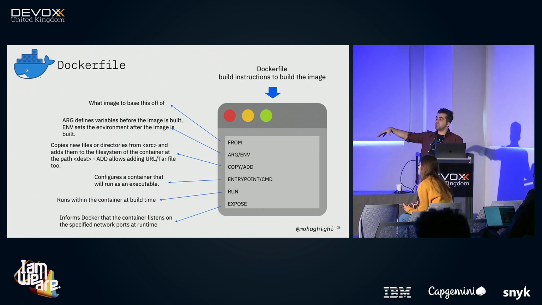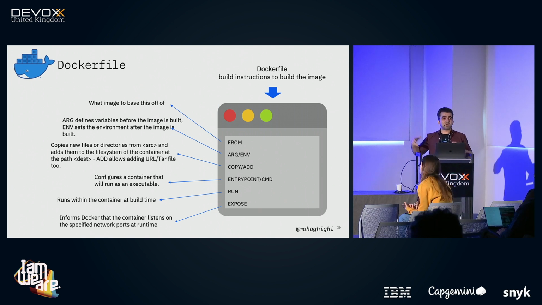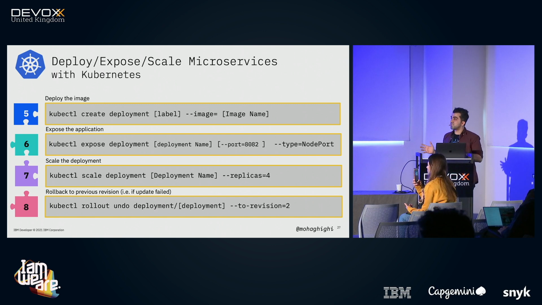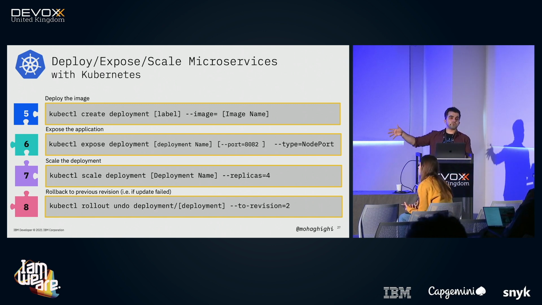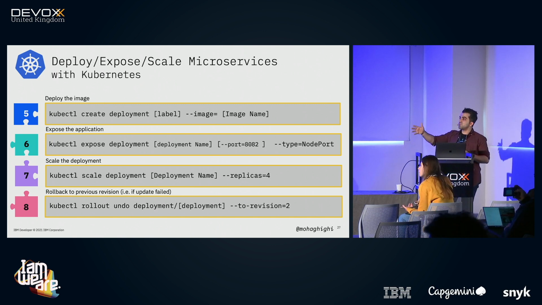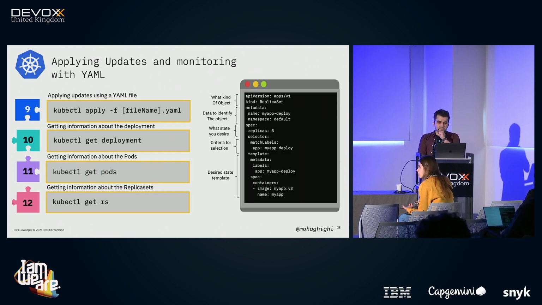And this is what you need to put in your Docker file: just where it's coming from, where's your image, the arguments. That's it, simple. And then the next step, when you get to the Kubernetes side, is use kube-control, kubectl. People call it differently. Use that to create a deployment, expose a deployment, scale it, and roll out new updates. Those are the commands you use.